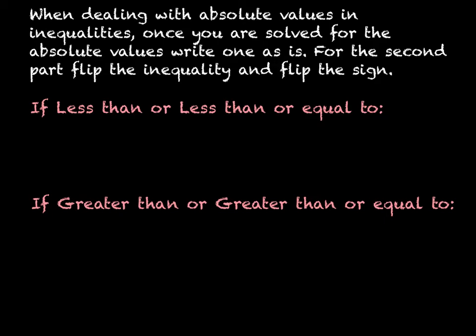Okay, so if we have a less than or equal to statement, that is less than, or equal to statement, either one of those two types of statements, then the word that you're going to use in between in your final answer is and. It's an and statement. Both of those things are true.